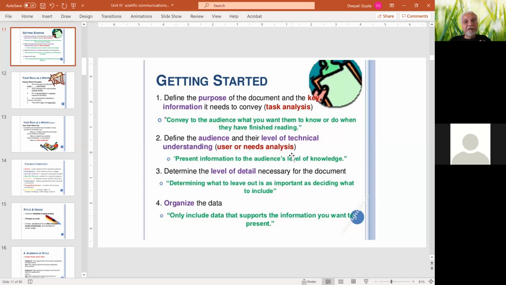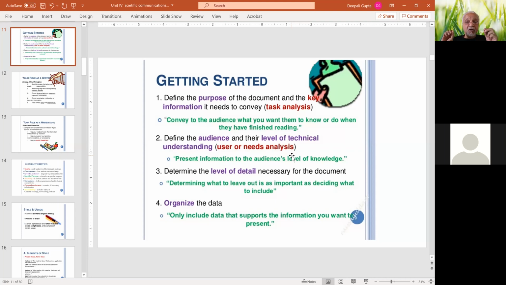So basically, these are four points which one has to keep in mind before you start preparing a document, technical or scientific. What are those 4 points I mentioned? First is the purpose of the document. You have to be very clear that, okay, this is my objective in writing this document.